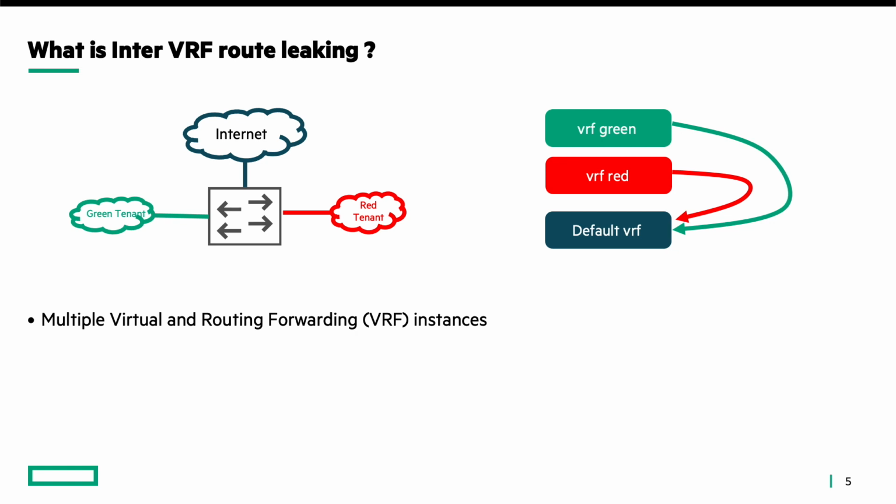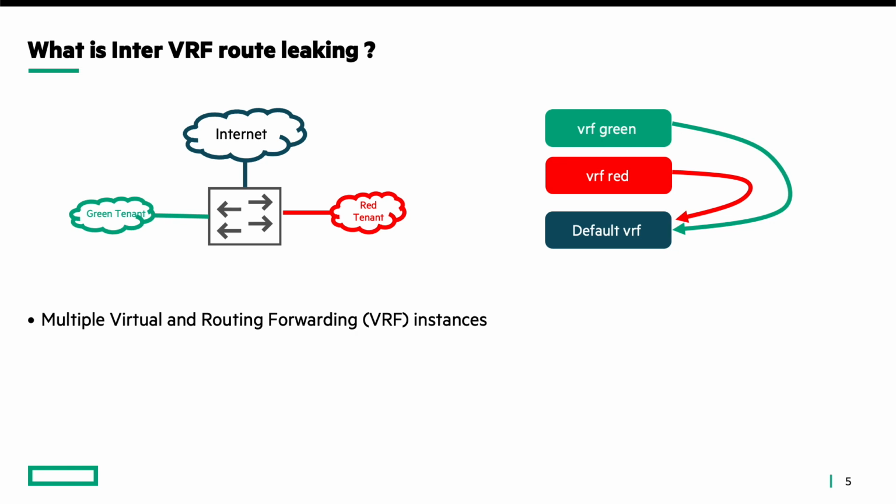Okay, so first, what is inter-VRF route linking? It's when you have multiple virtual routing and forwarding instances, so you want to segment your routing table into multiple compartments. It's very useful when you have different business units or customers that you want to isolate from each other.